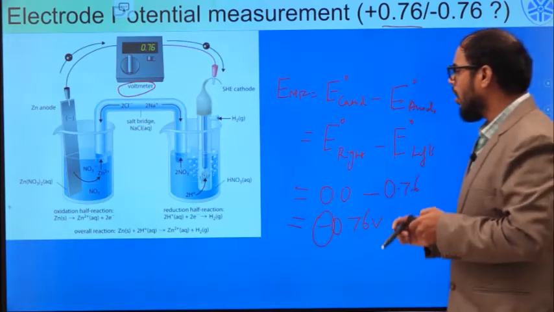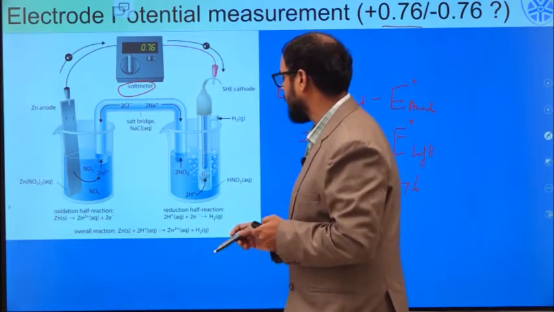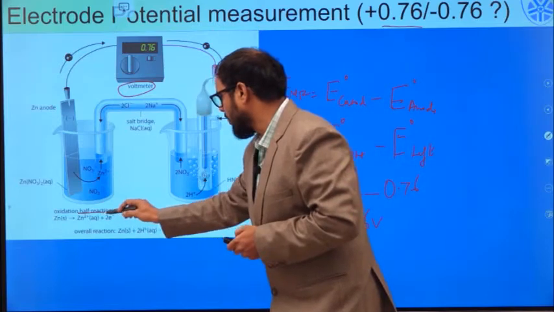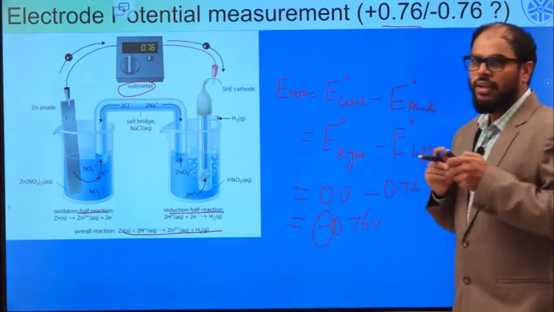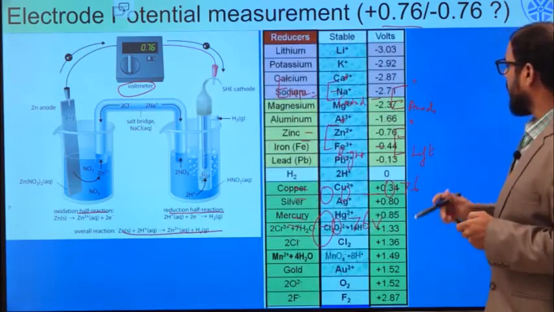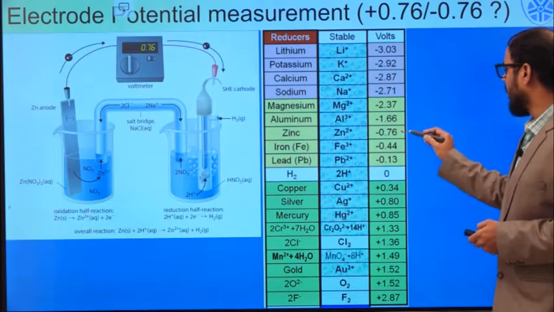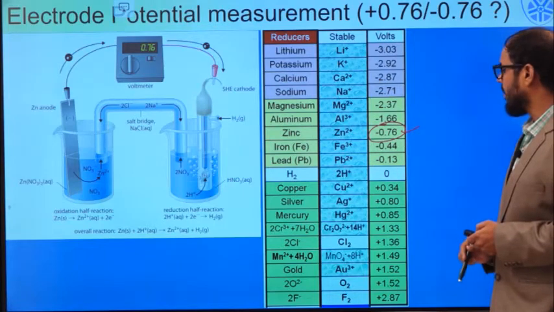So this is the overall reaction where we have the two half cell reactions, the reduction half cell reaction and the oxidation half cell reaction, and this is the overall reaction for zinc connected to SHE electrode. This is very obvious from the electrochemical series where zinc has minus 0.76.